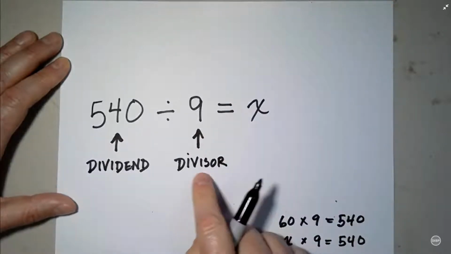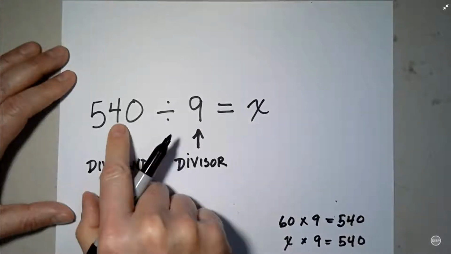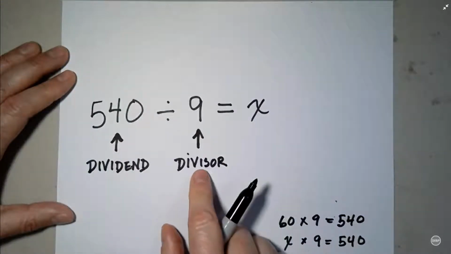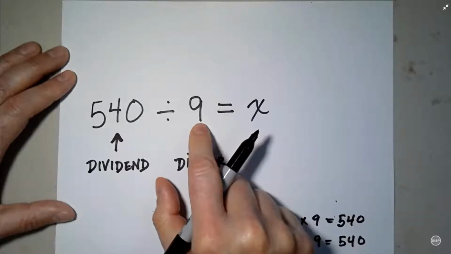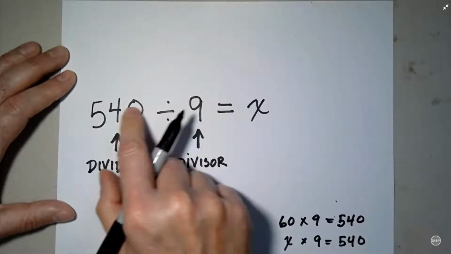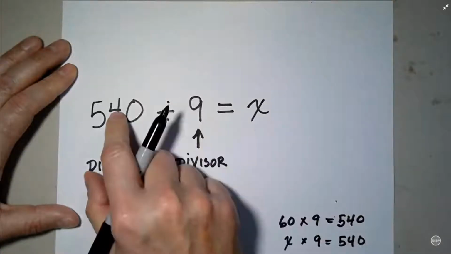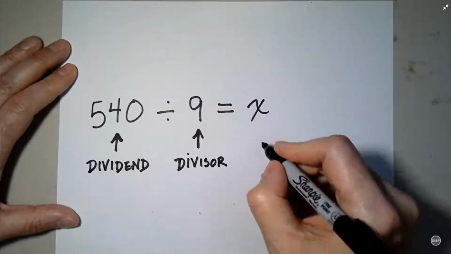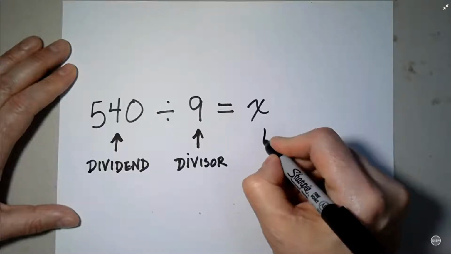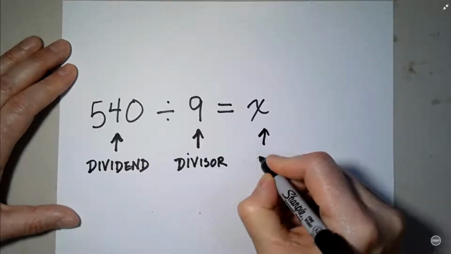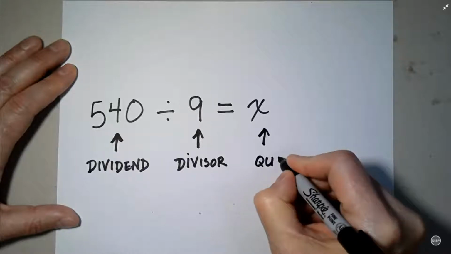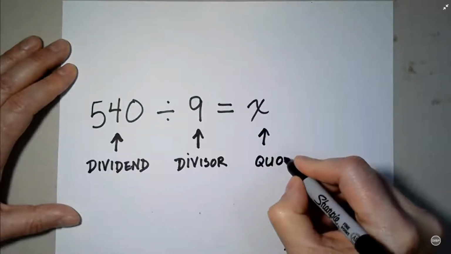Okay, so the dividend is the big number, the large group, and the divisor is, in this case, the smaller number that we are trying to determine how many times does this number go into the dividend. And then we will come up with an answer, hopefully. And our answer is called the quotient.